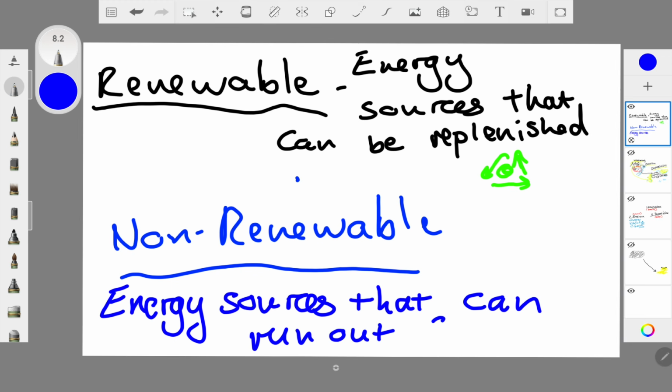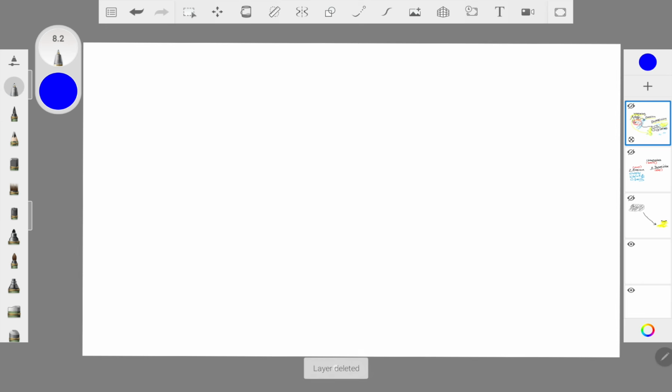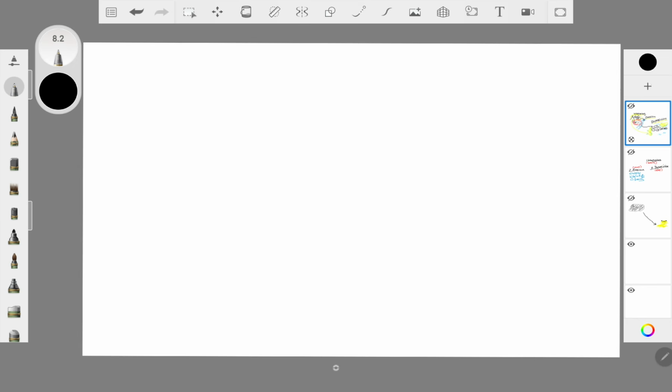They are finite, the opposite of infinite. Okay? Once they're gone, that's it. They're gone. Okay? So, we're going to start with the non-renewables, alright?